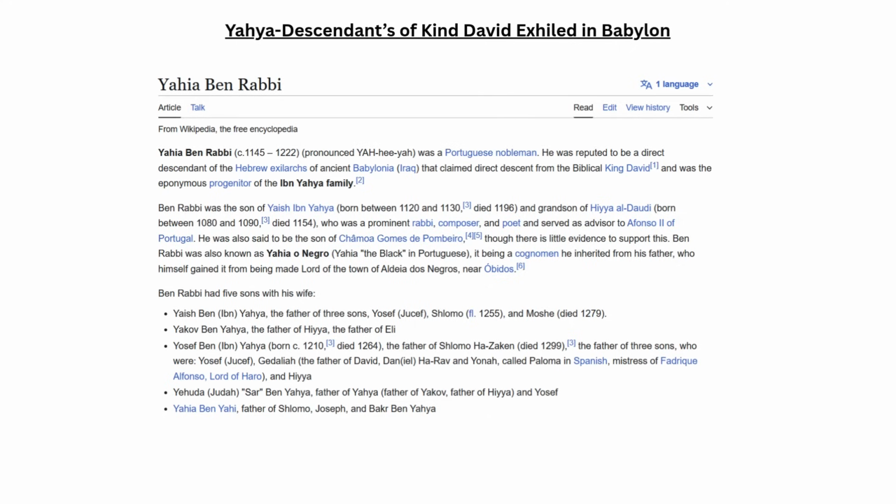Our ancestors, starting with the 12 tribes, were native to Northeast Africa. But I just wanted to point this out to make that tie between Yahya and the line of David here in the Iberian Peninsula, specifically Portugal.